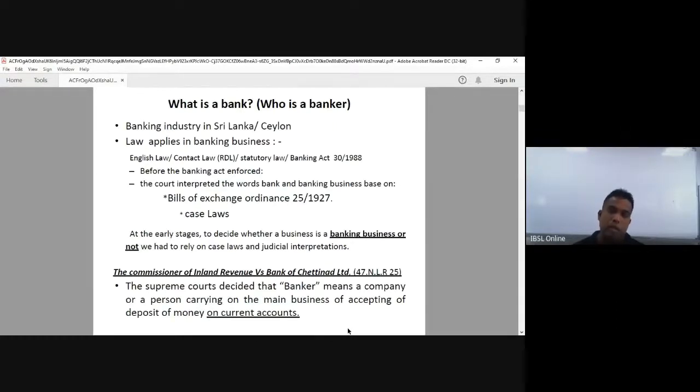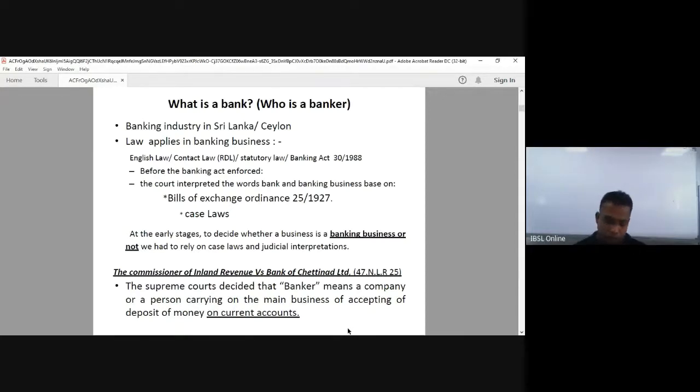You know that bankers take deposits from the public and lend money to the public and charge interest. That is our income, one of our main businesses. That is how we generate income. The business of Bank of Chettinad Limited was also similar to banking business.